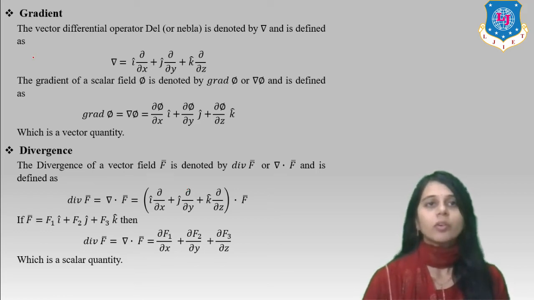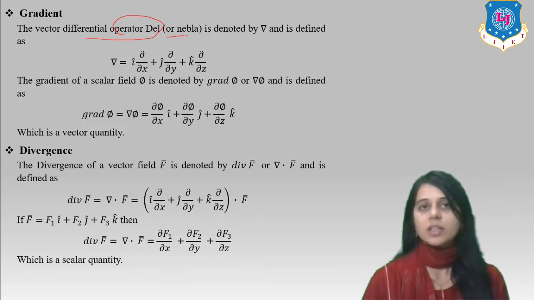Gradient. The vector differential operator delta, or we say nabla, is defined as nabla equal to i caret del by del x plus j caret del by del y plus k caret del by del z.